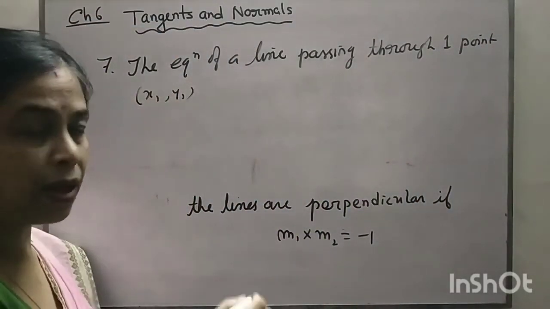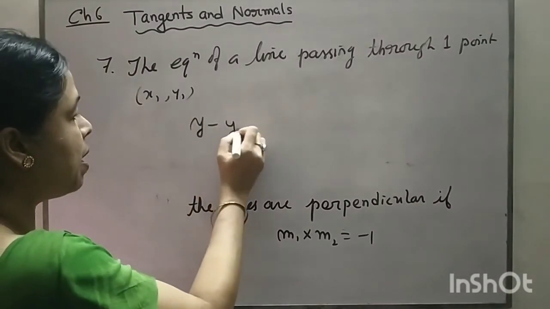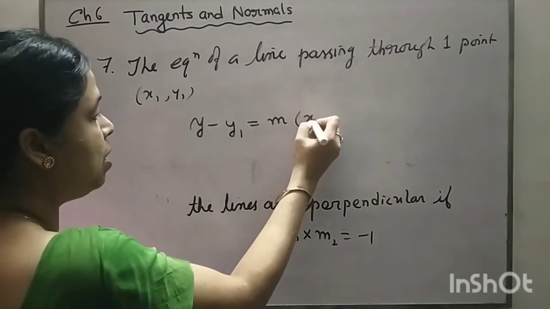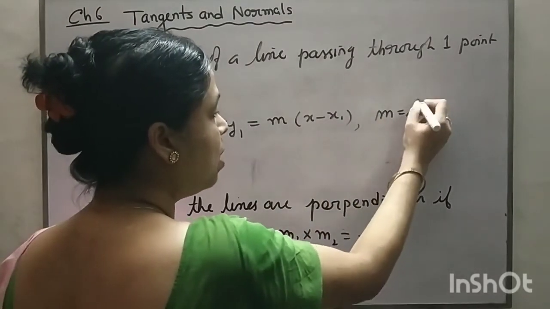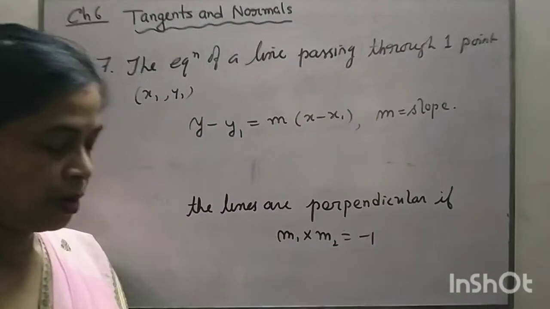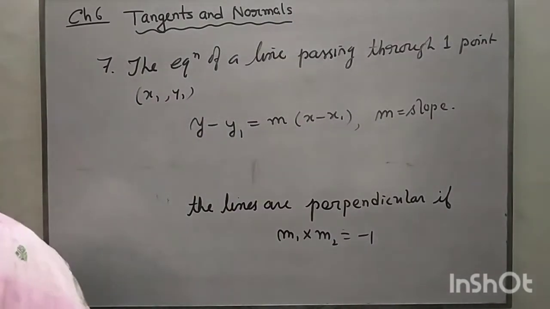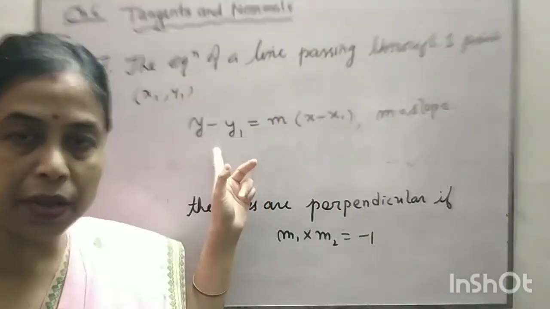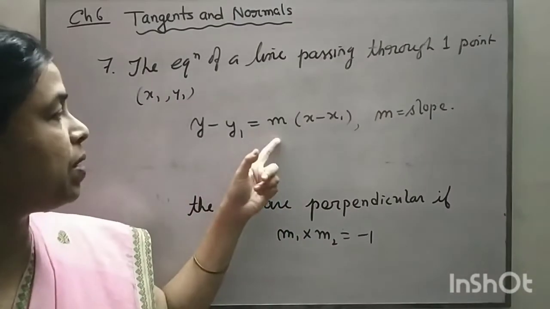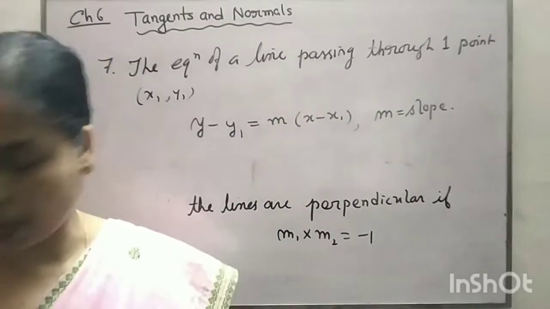So hope you remember the formula is what? Y minus y1 is equal to m into x minus x1, where we know m is the slope. If m is the slope and x1 and y1 are the point through which the line passes, then the formula of getting the equation of the line is y minus y1 is equal to m into x minus x1.